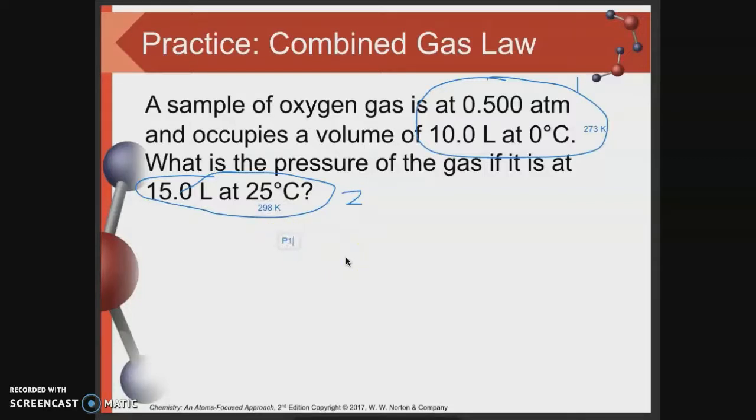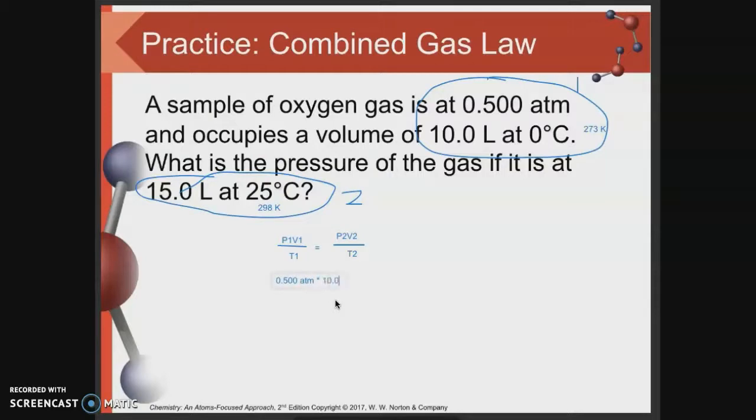P1 times V1 over T1 is equal to P2 times V2 over T2. So plugging in my values now, pressure initially was 1/2 of an atmosphere.